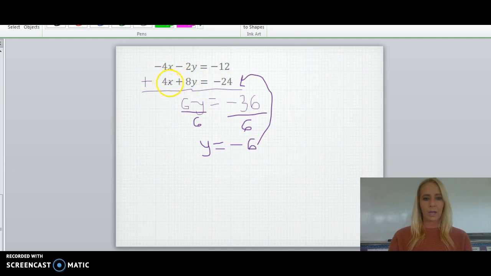So I'm going to apply it into 4x plus 8y equals negative 24. So I'm going to rewrite my equation, 4x plus 8 times y, which is negative 6, equals negative 24.